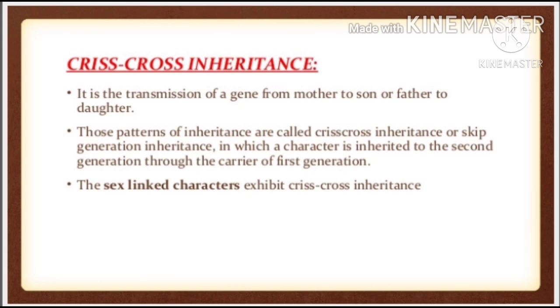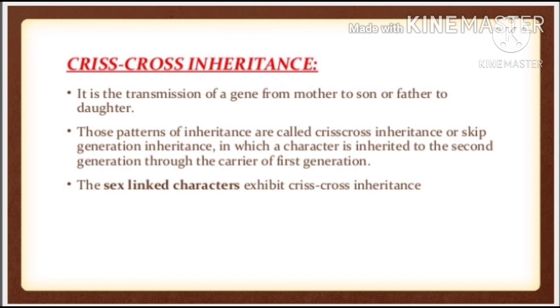What do you mean by a carrier? Carriers are those individuals having a particular gene capable of causing a particular disease, but that gene is not expressing in them. Why? Because that character is in heterozygous condition in them. So they are called carriers.